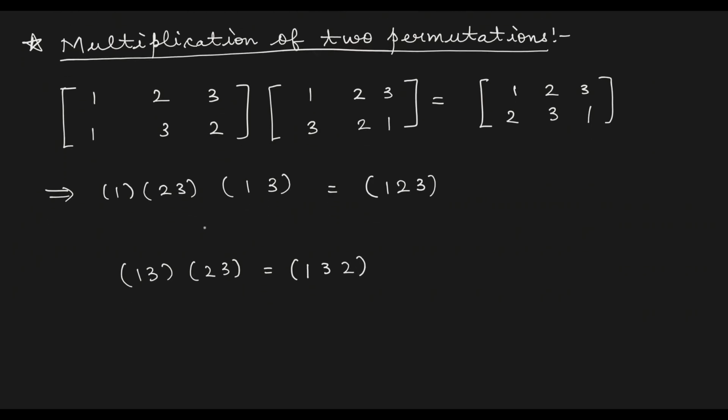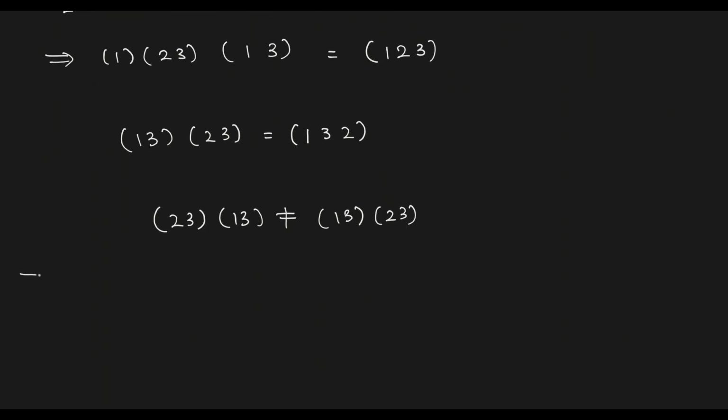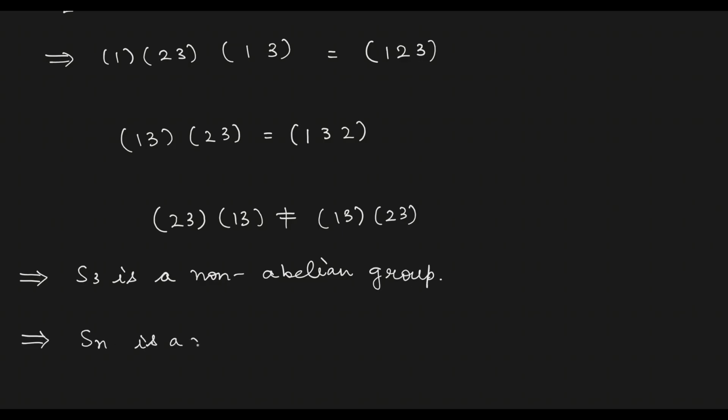So clearly (2 3)(1 3) is not equal to (1 3)(2 3). So S3 is a non-abelian group. This implies Sn is a non-abelian group for all n greater than or equal to 3.